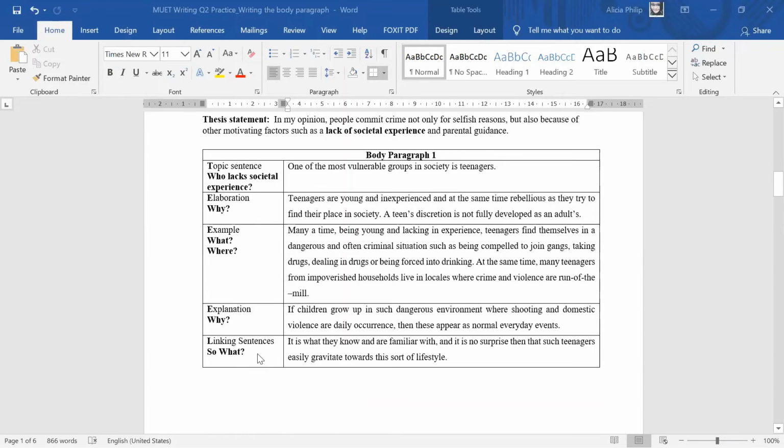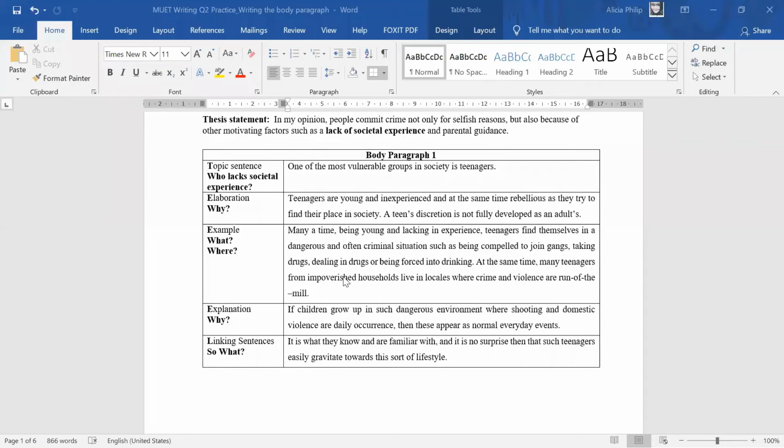The writer explained why. If children grow up in such a dangerous environment where shooting and domestic violence are daily occurrences, this appears a normal and everyday event. So what does all of this point to? If they know and are familiar with it, it is not surprising then that such teenagers easily gravitate towards that sort of life. So if they are inexperienced, rebellious, not guided, and lacking in experience, then they would fall into a dangerous environment.